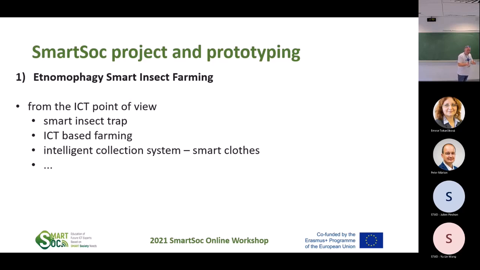This case is really virtual, you don't need to build something, though if you build, it would be better. But in this case, I'm not sure whether it's possible. So I put here: smart insect trap, ICT-based farming, intelligent collection systems of insects.